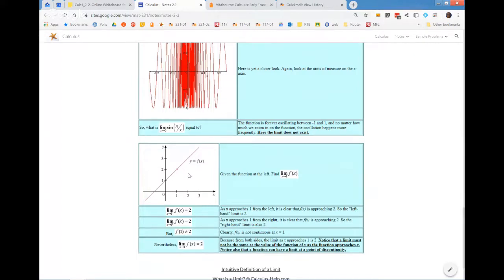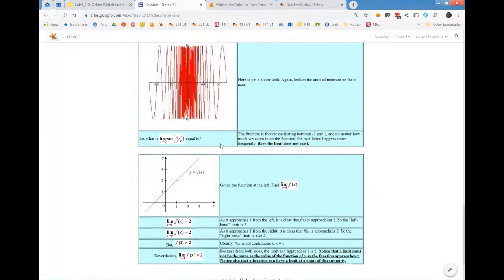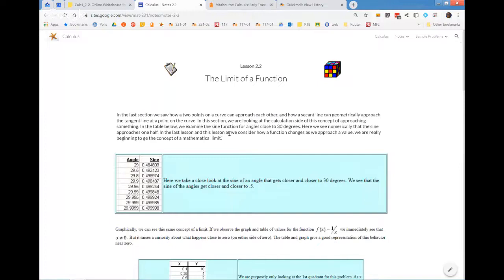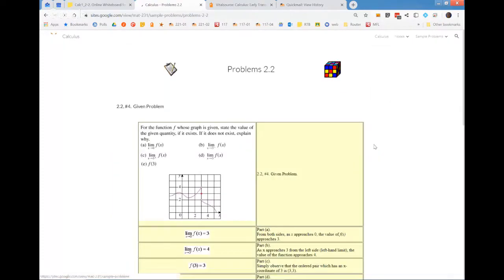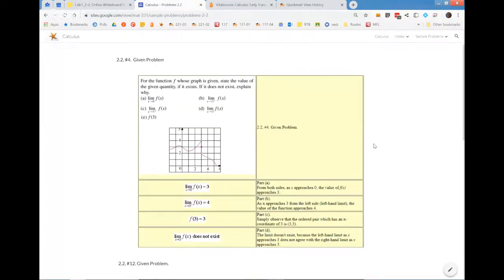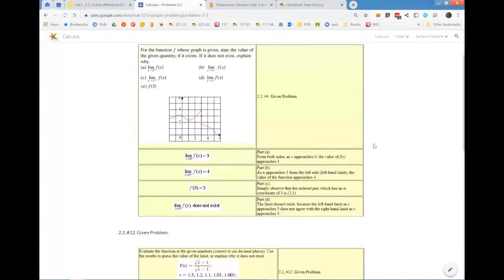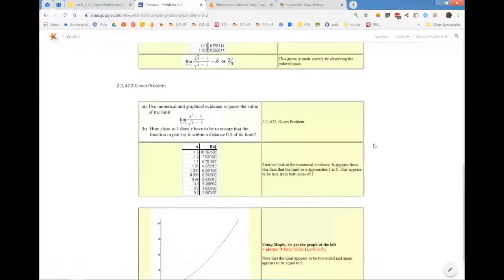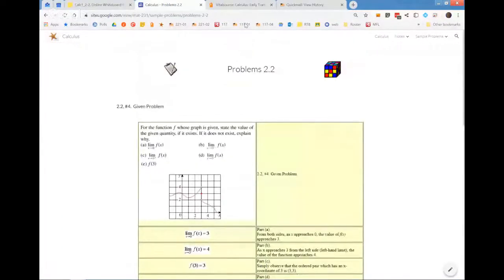If you click on the puzzle icon, that should bring you to more examples, I believe 3 more, where you can look in more detail at the same concept we're going through today.